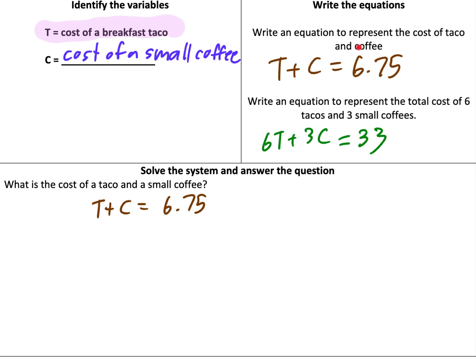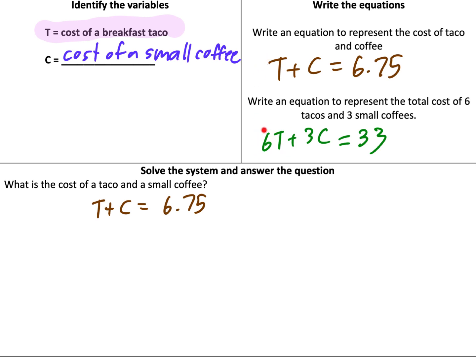Since they're both in standard form, so the variables are both on the same side, let's use elimination. So we need to eliminate one of our variables. I'm going to choose to eliminate the first variable, t. To eliminate a variable, you need a coefficient and its opposite.